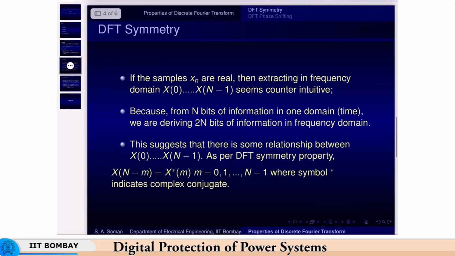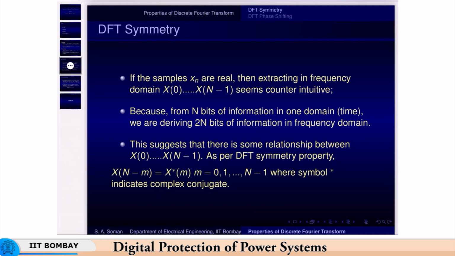What we did not mention till now, of course we are discussing the property of DFT symmetry, is that we have taken the samples x n to be real. Okay. If they are complex, then this DFT symmetry property will not hold.